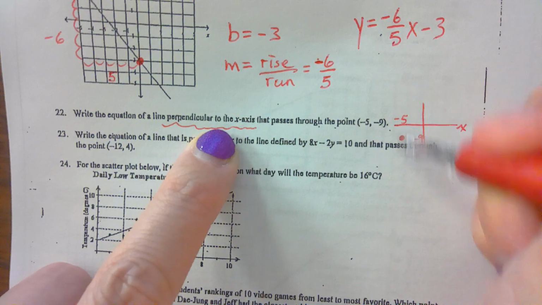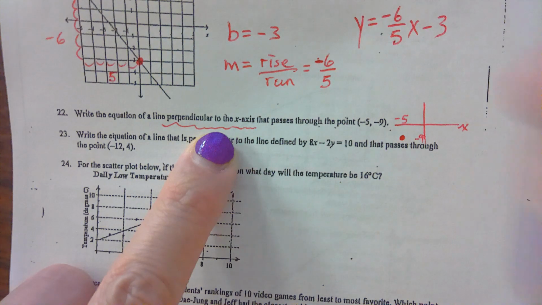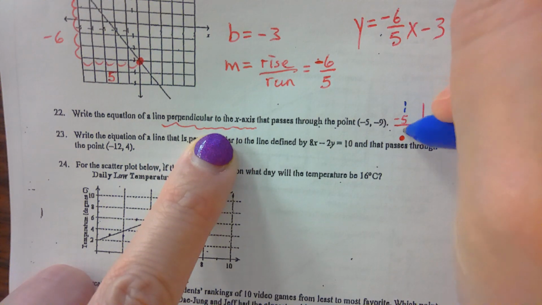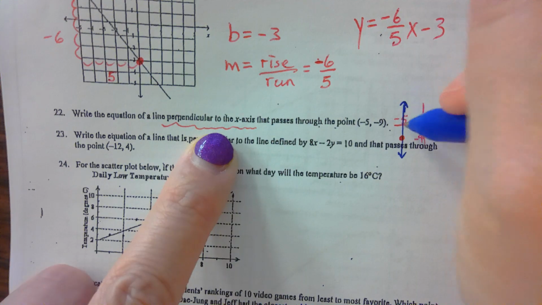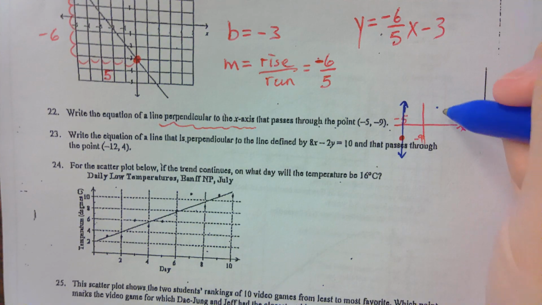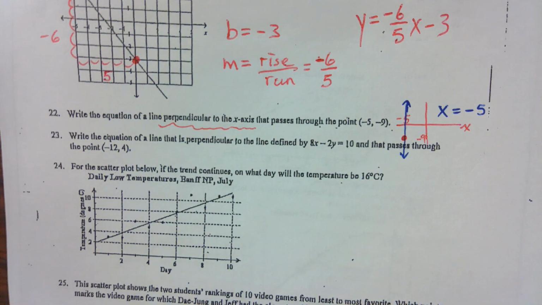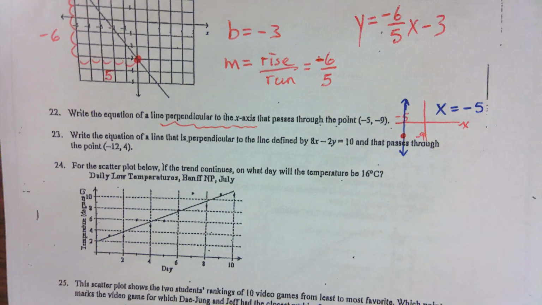Am I talking about a vertical line or a horizontal line? Vertical. So what is the equation of this vertical line? x equals -5. For a vertical line, x equals; for a horizontal line, y equals.